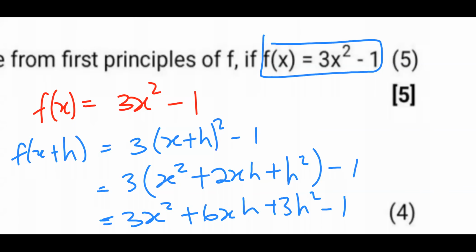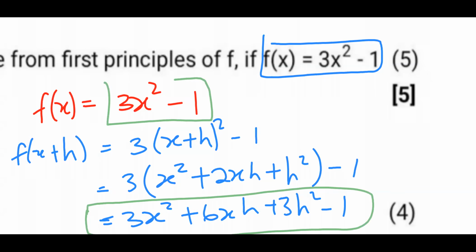So now let's use our answers here and substitute it into the formula. Remember, this part must be substituted with the first section, the f(x plus h), and then this is just substituted with the f(x). Now in that formula, f(x plus h) minus f(x), we are minusing these two functions.